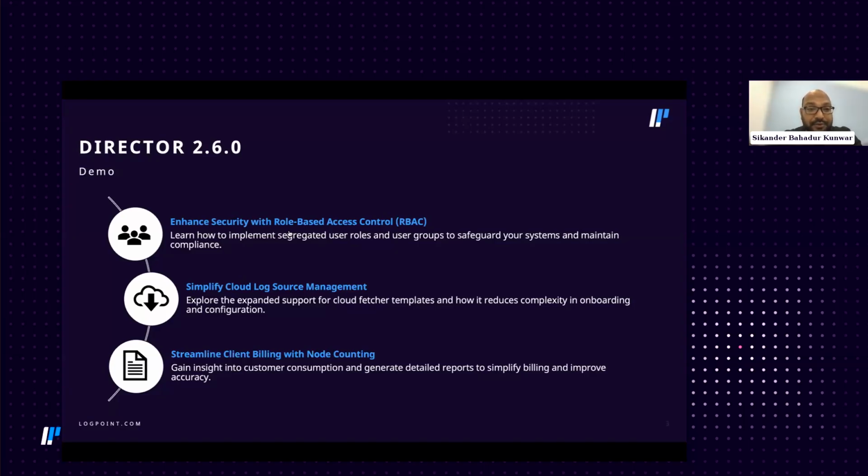So the first thing I want to show here is this particular instance of Director has three pools, and each pool has one LogPoint machine. So for the purpose of this demo, what I've done is I've created two demo groups, and each group has access to a specific pool.